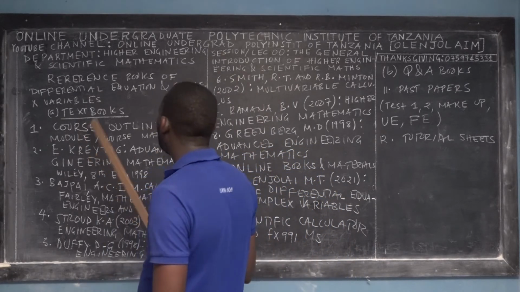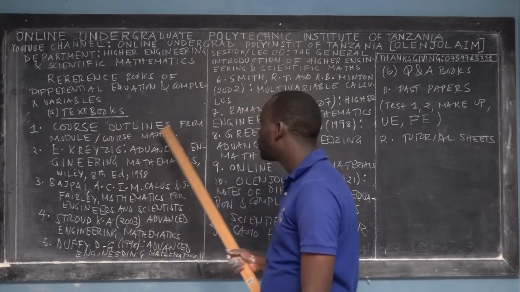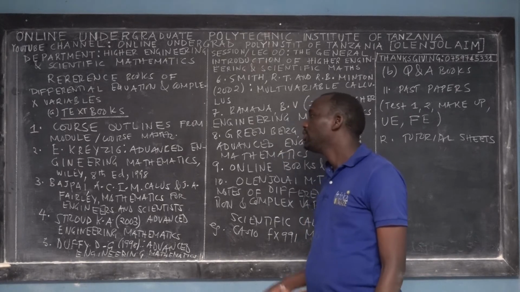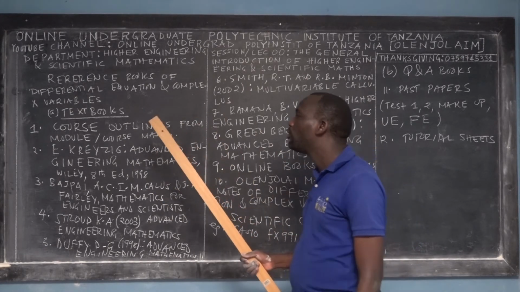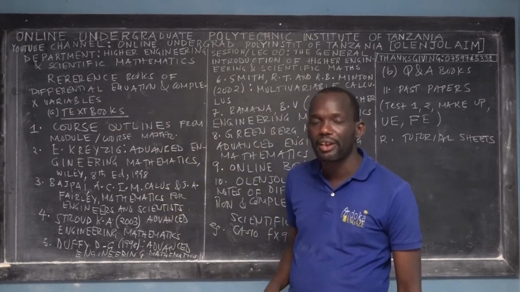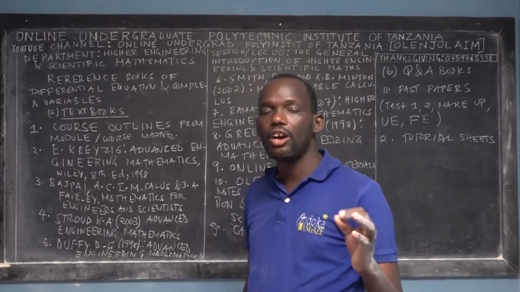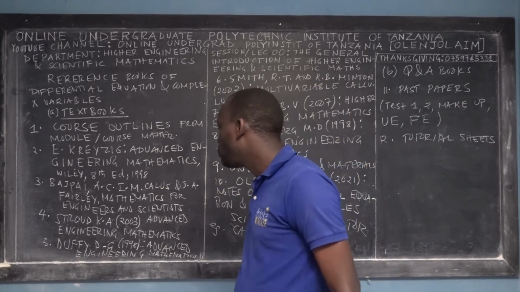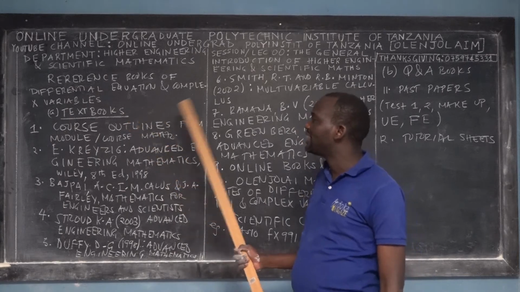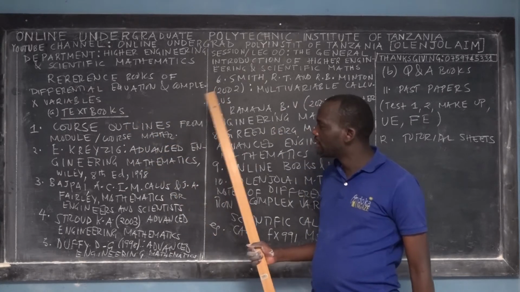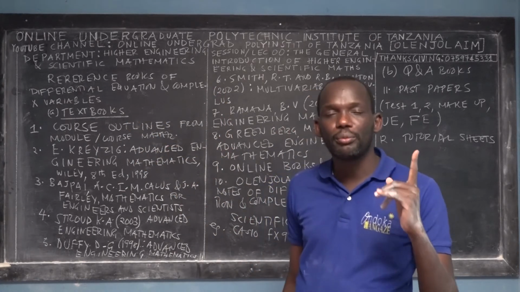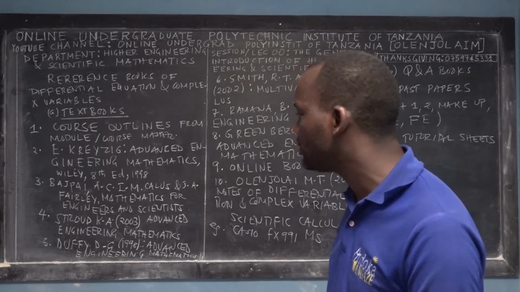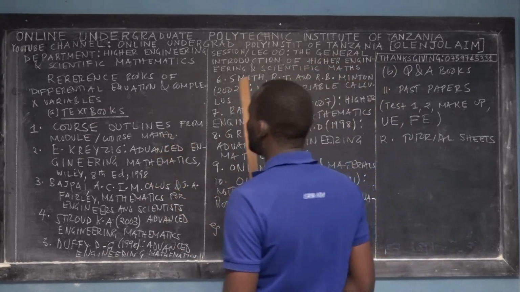You have authority and permission to ask for the course outlines from him. That is very important. Regardless of which institution you are studying at, regardless of which department you are in, if you want to understand undergraduate mathematics, you have to make sure you have the course outlines in your hand. So that's the first reference.